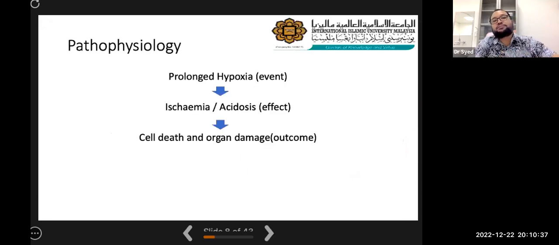So what happens in hypoxic ischemic encephalopathy? For example, if there is a hypoxic ischemic insult, such as abruptio placenta, there is bleeding, so there will be reduced blood flow to the baby, impacting cerebral blood flow to the baby's brain and causing a hypoxic ischemic insult.